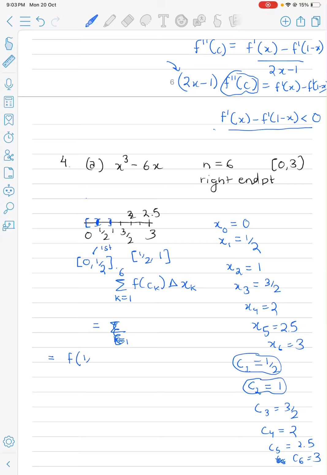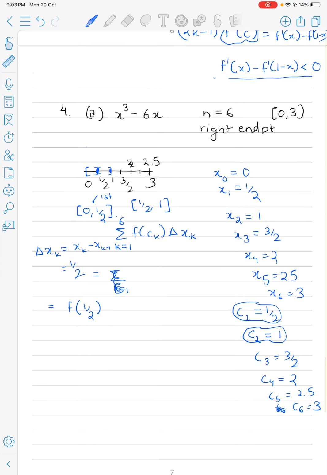f of half, and delta xk is always xk minus xk minus 1. In this case, for every k, you will get half only because they are equidistant. Every interval has gap half.